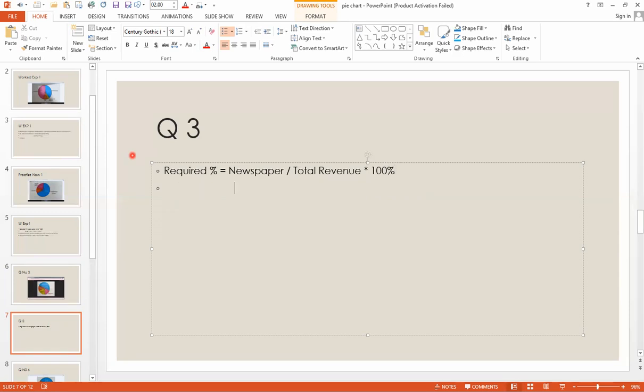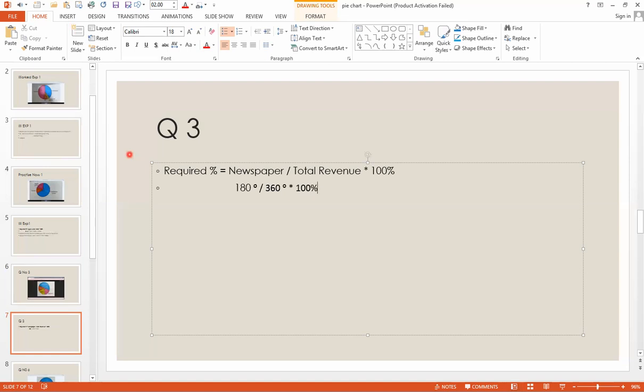Half of the pie chart consists of newspaper. What is half of the pie chart? The whole pie chart is 360, so half of the pie chart is 180 degrees. And you have to divide it by the total. In a pie chart, whenever the word total is used, how many degrees do you write? Yes, you write 360. And for percentage, you multiply it by 100%.